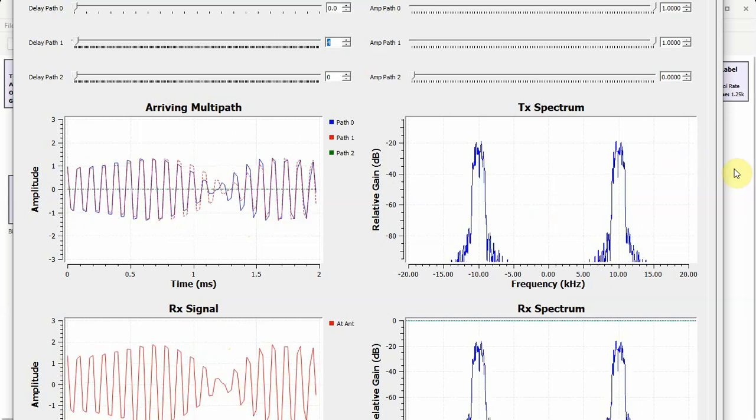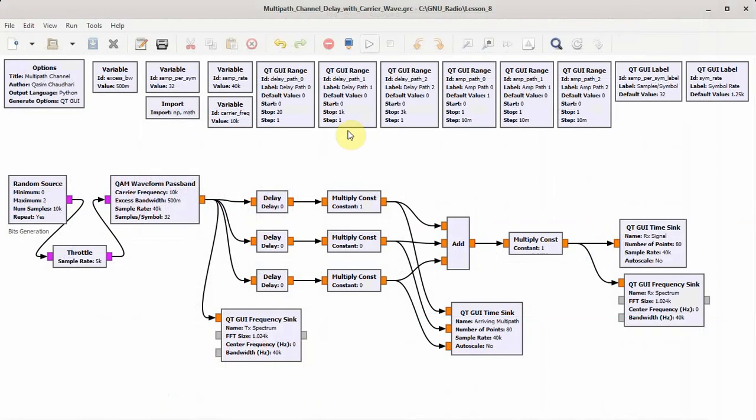Now, if we go back to the flow graph itself, we see that one cycle is getting completed in 0.1 millisecond, so half a cycle will get completed in 0.05 millisecond. When we multiply it with the sample rate of 40,000, this implies that in two samples, we should see destructive interference.